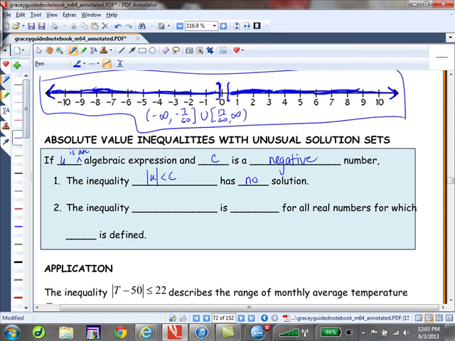Okay? Because if c is negative, it would be saying that positive numbers would be less than that, and that's not true. And the inequality absolute value of u greater than c is true for all real numbers, because you'll get a positive, and a positive number is always greater than a negative. And that is, of course, for which u is defined.